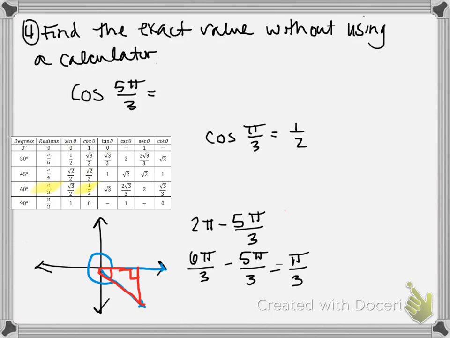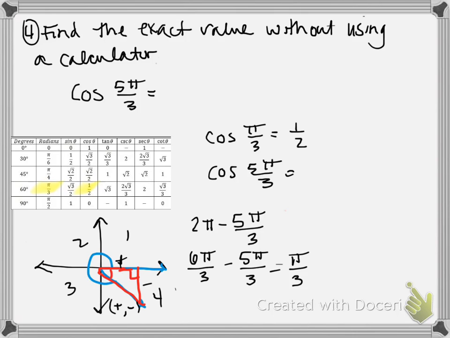But I'm looking for cosine 5 pi over 3, so I have to think about, this is going to be my angles in quadrant 4, where the x values are positive and the y values are negative, so that's going to mean that's negative and this is, oops, other way around.